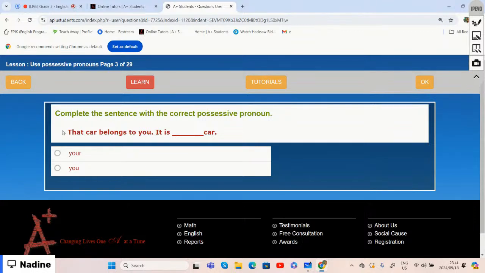The next one says, that car belongs to you. If that car belongs to you, do we say it is your car, option one, or do we say it is you car, option two? If that car belongs to you, which one is correct?